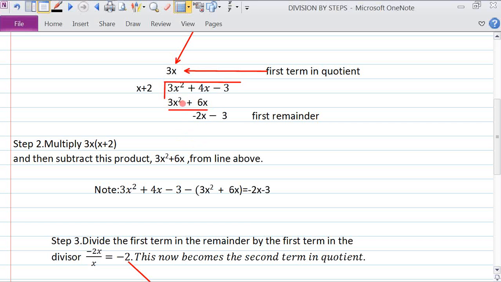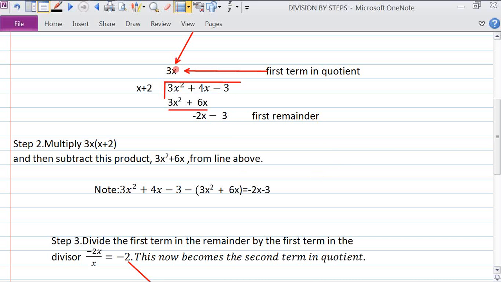So 3x squared minus 3x squared gives us 0. 4x minus 6x gives us minus 2x, and we're going to bring the minus 3 term down, and that gives us the first remainder.